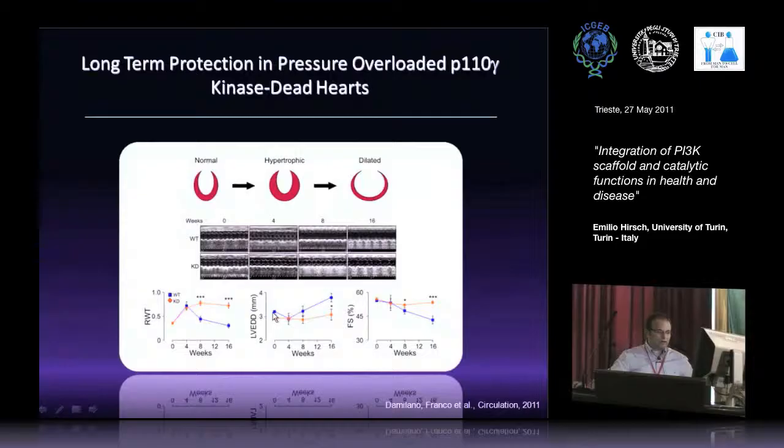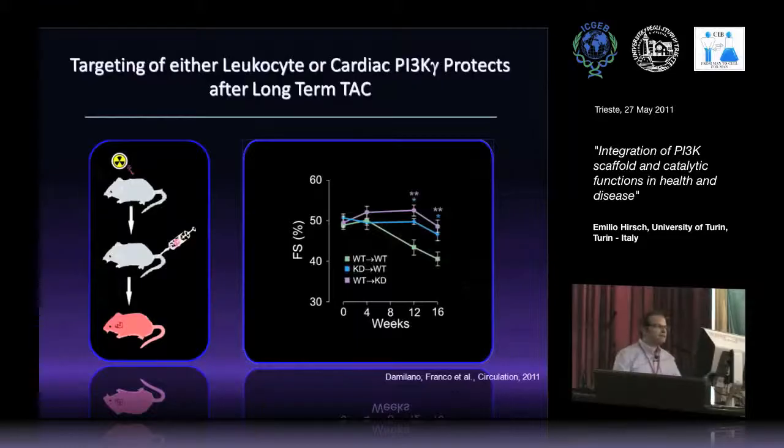So basically, the blue line is a wild-type control, and you see that the chamber is getting larger. But the orange line is what happens in our mutant mice. So basically, the chamber doesn't dilate. So these mice are protected from heart failure. The point is now, what are the cell types that are involved in this protection?